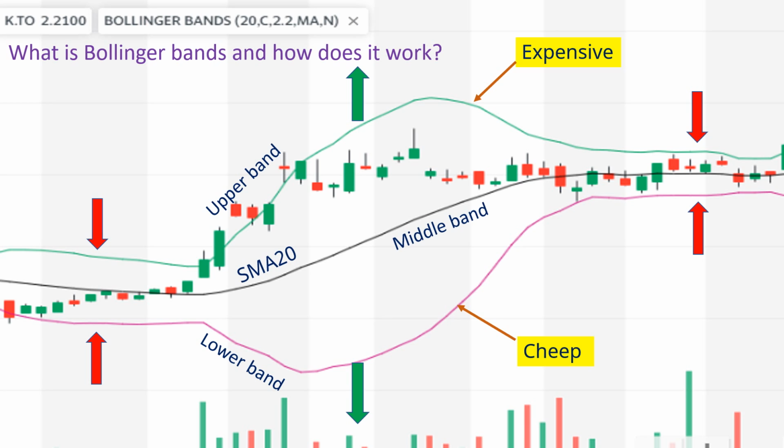Unfortunately, Bollinger Band does not tell you either the strength and weakness behind the move, nor the direction of the trend. And for that matter, I use RSI to find the direction, strength, and weakness of the trend and ensure to double check the accuracy of Bollinger Band buy and sell signal.